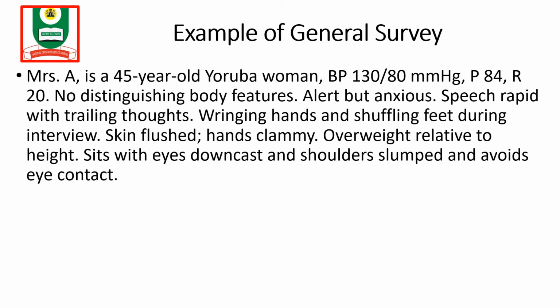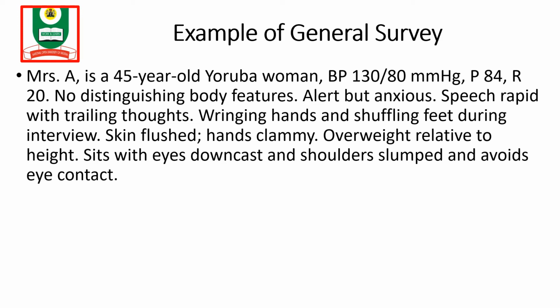This is a typical example of a general survey conducted on a woman called Mrs. A. This Mrs. A is a 45-year-old Yoruba woman with the following vital signs: blood pressure, pulse, and respiration. No distinguishing body features. That is, in other words, when you assess the individual as a nurse, there is nothing wrong with the physique of this individual.